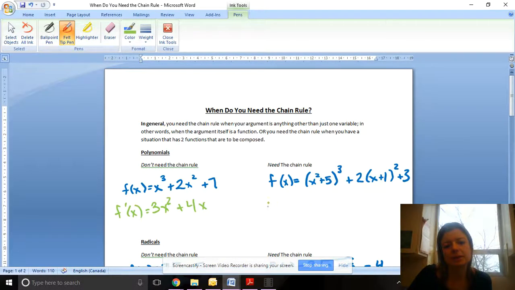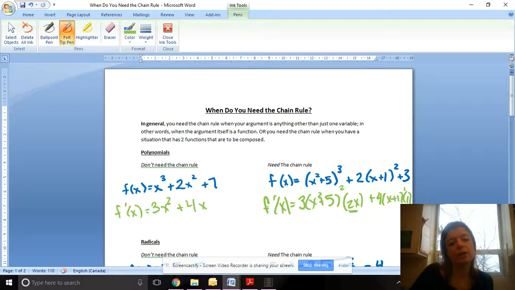Now the biggest difference over here is that you bring down the 3 and you reduce that to 2, but then you have to multiply this by the 2x, the derivative of what's inside here. Okay, and then this would be 4x plus 1 to the power 1 times 1. So now I guess technically you could think about these as multiplying them by the derivative of just x, but that would just be 1 every time.